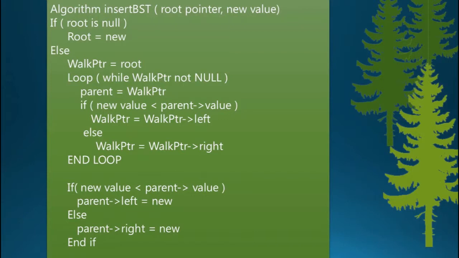If it's not null, that means we have at least a root node, if not more, in the subtrees. We start walking the pointer down. So the walk pointer gets established to the bottom of the tree, to the root value of the tree, and then we loop until we find a null, simply stepping down the subtree according to the greater than or less than algorithm, and then we check and see if it's null.